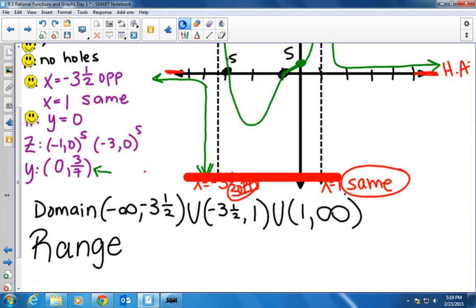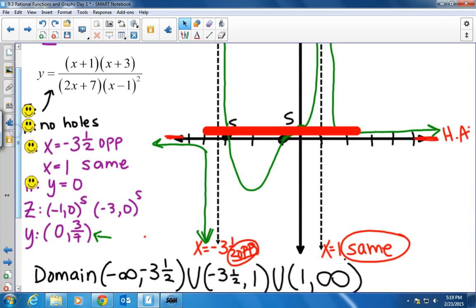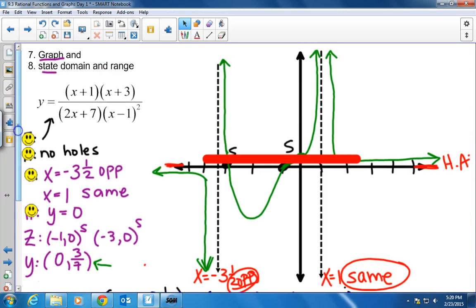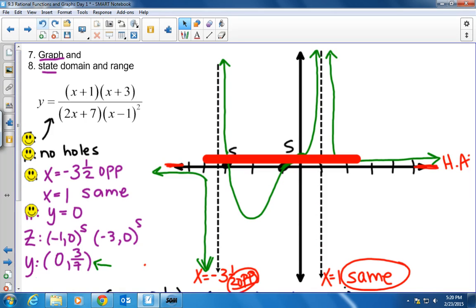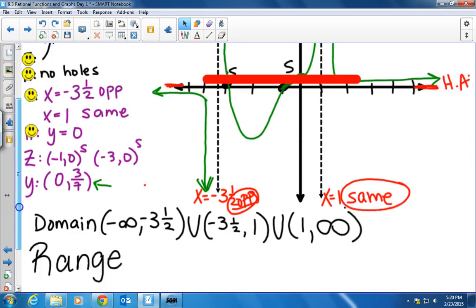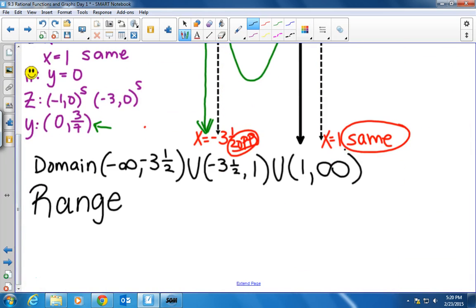I've got something going down forever all the way up to something going up forever. Remember, we had our same behaviors over here. So it goes up forever over here. It goes down forever over there. So I know that my domain is going to be restricted, but my range is always going to be negative infinity to positive infinity.